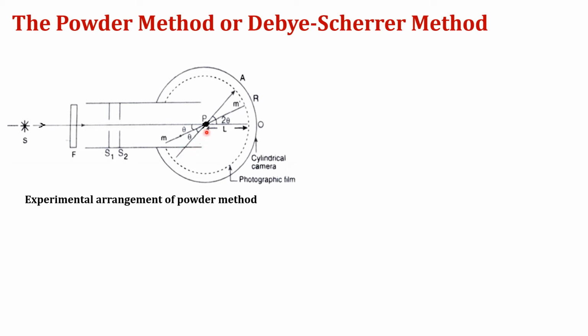Here we are considering one of the planes, formed by most of the crystallites. That plane is M dash. That plane makes an angle theta with the direction of the incident beam, and the same angle with the direction of the diffracted beam. Therefore, the total angle becomes 2 theta.